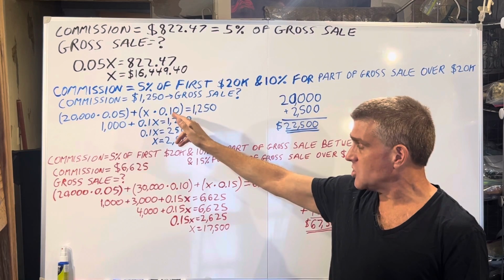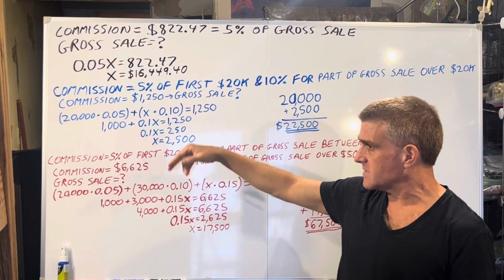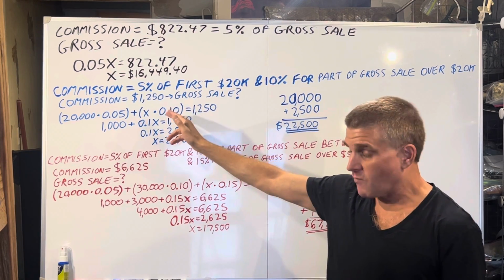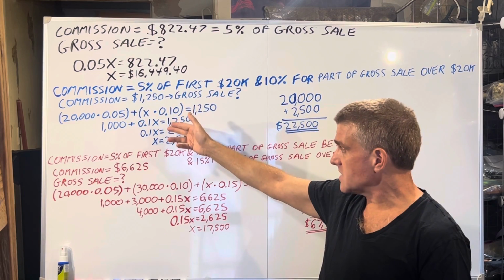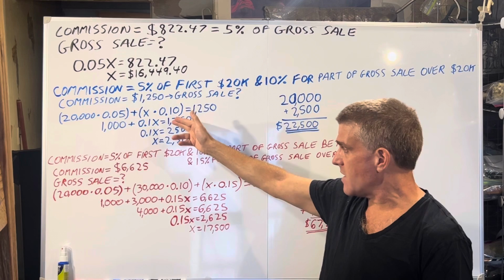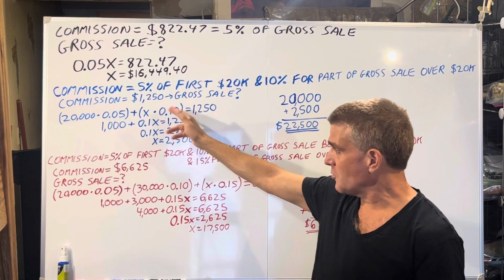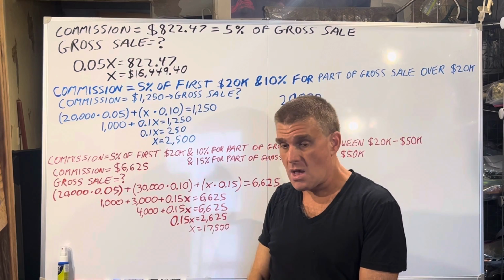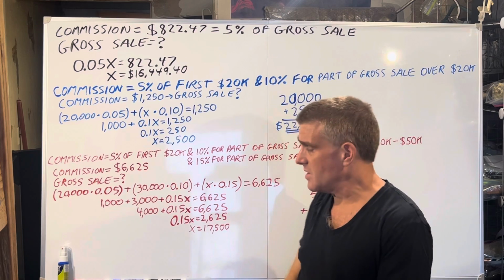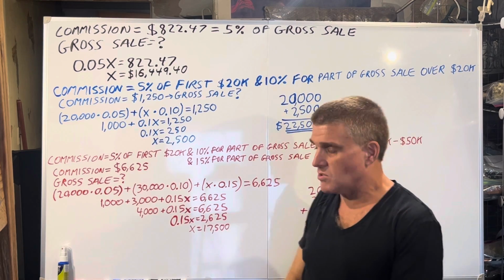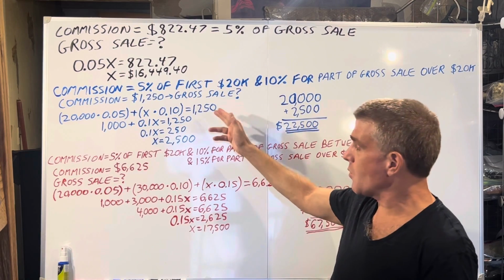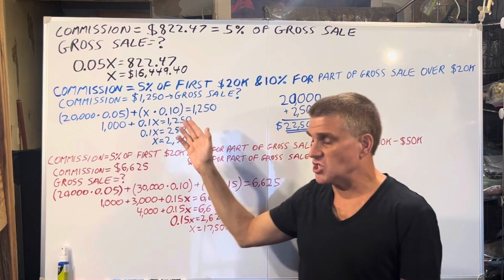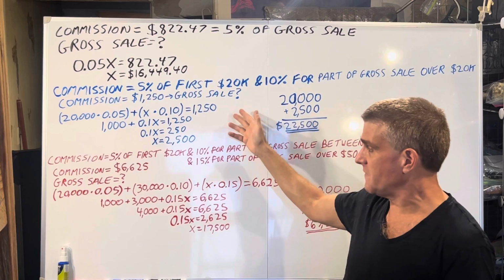The percentage expressed in decimal format is going to be multiplied by the amount that's above $20,000, and that's going to equal what we already know, which is the commission check, $1,250.